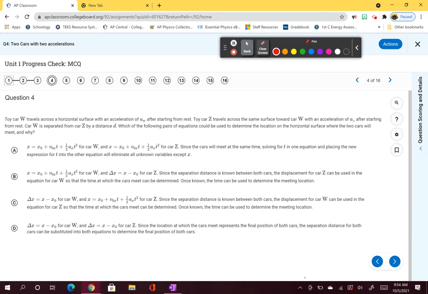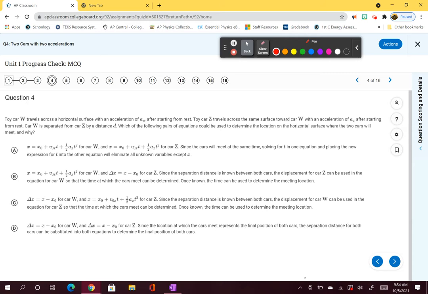Now, B gives you the exact, so saying you would use the same equation for car W, but you would use your delta x, pretty much your displacement equation for car Z. Since the separation distance is known between both cars, the displacement for car Z can be used in the equation for car W so that the time in which the cars meet can be determined.